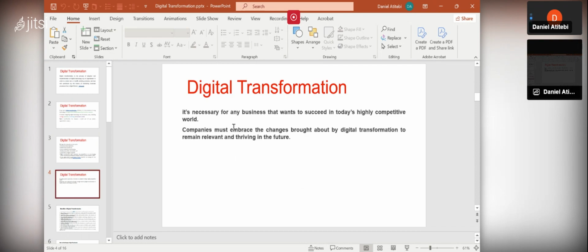Therefore, it is necessary for any business that wants to succeed in today's highly competitive world, especially in the area of service operation, to adopt technology to support their service management. Companies must embrace the changes brought about by digital transformation to remain relevant and thriving in the future.